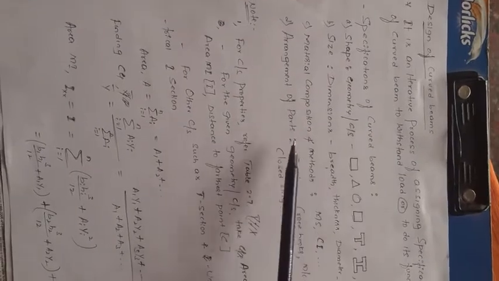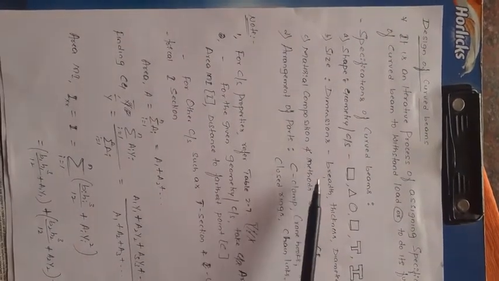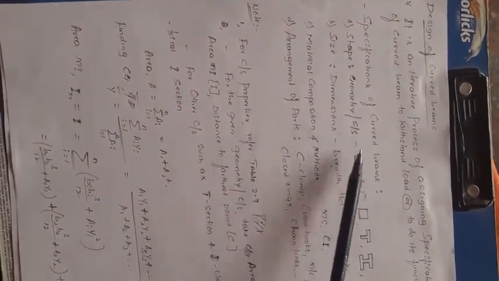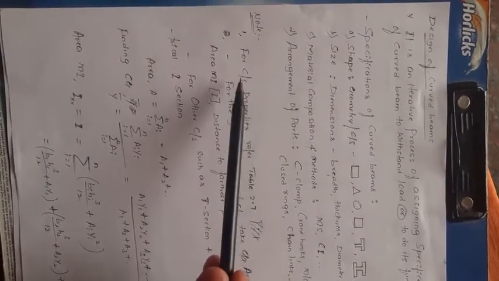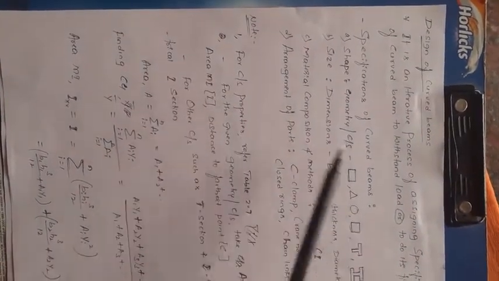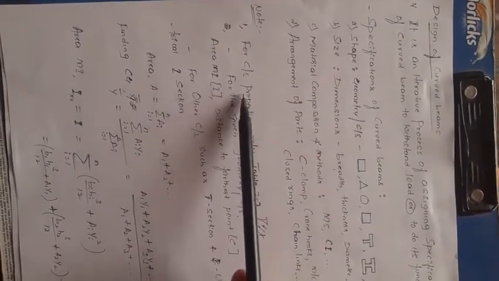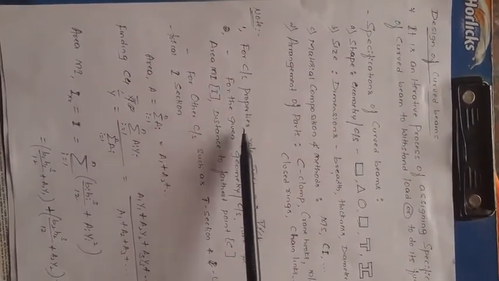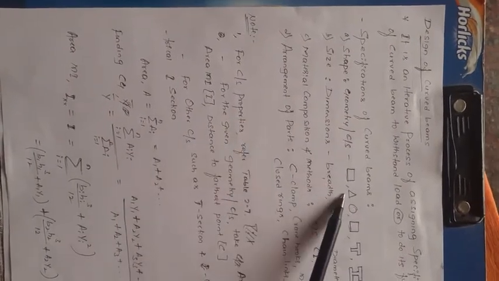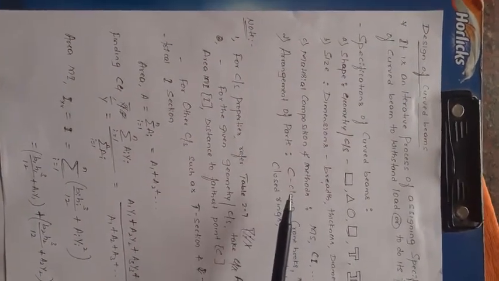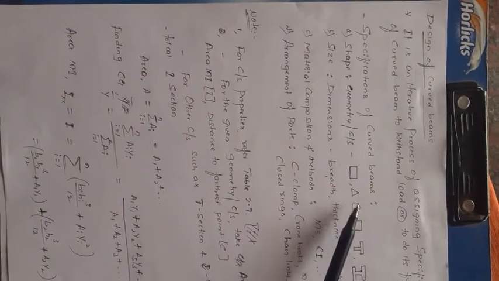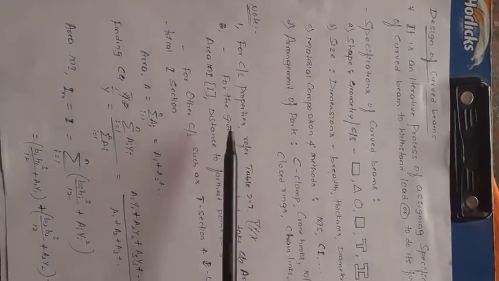Now, how do you get these data? In designing the curved beams, you should first get these data. First, for the shape, the geometry or cross section, you extract the geometrical properties or cross sectional properties for a given type of curved beam.